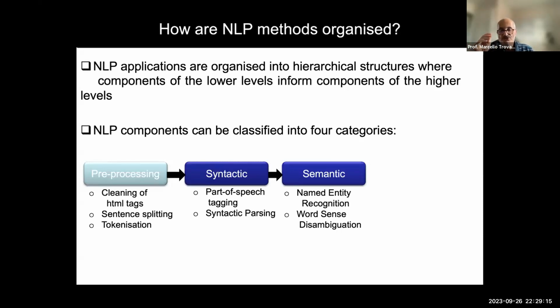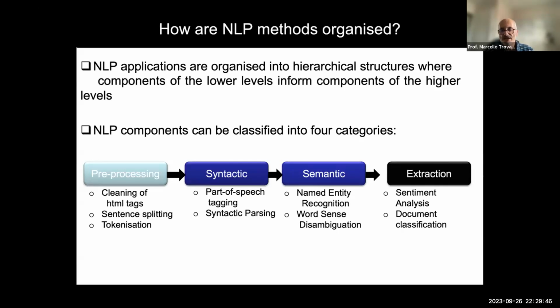Semantics is the next step, trying to attach a meaning. In very loose terms, because it's still quite a distance from a full understanding, at least we can carry out named entity recognition, so identify whether this concept refers to a person, a building, nature, etc. And then finally, we have the extraction: sentiment analysis, document classification, etc.